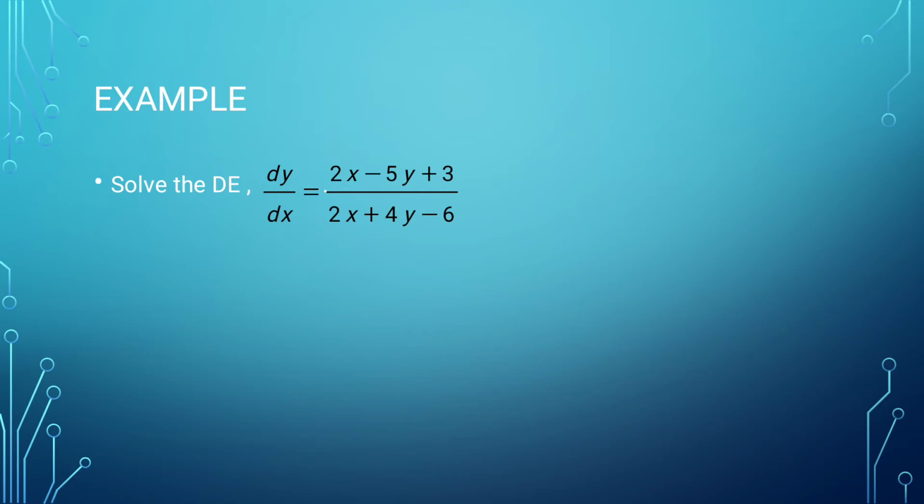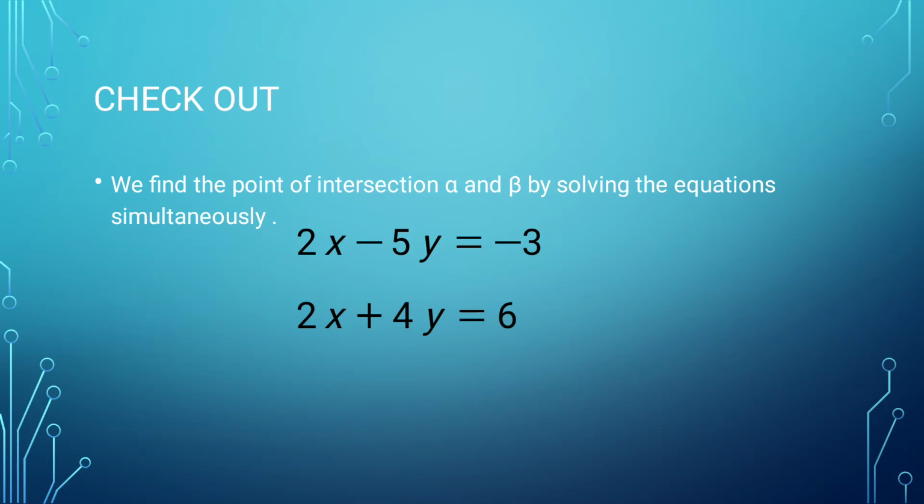So let's look at an example. Solve this DE. You can see the numerator of the DE is a linear equation, and the denominator is also a linear equation. So this is a near homogeneous DE, and now let's solve it. Remember how we used to solve simultaneous equations.